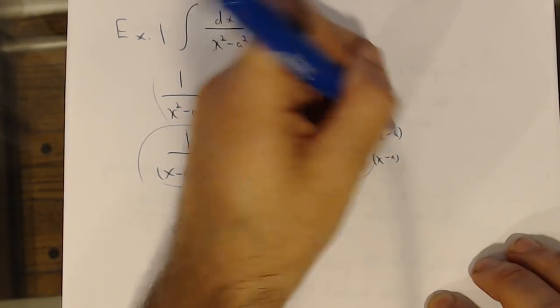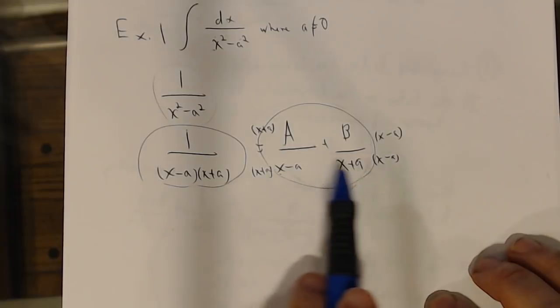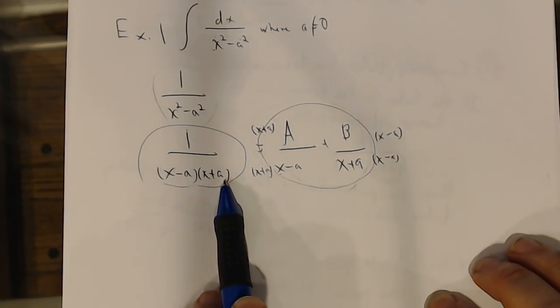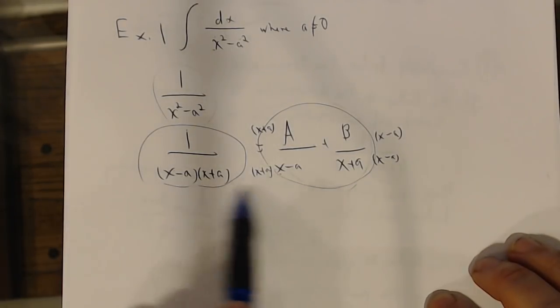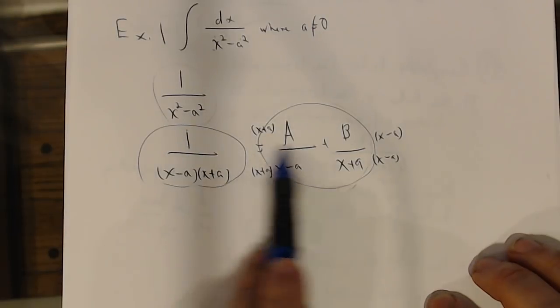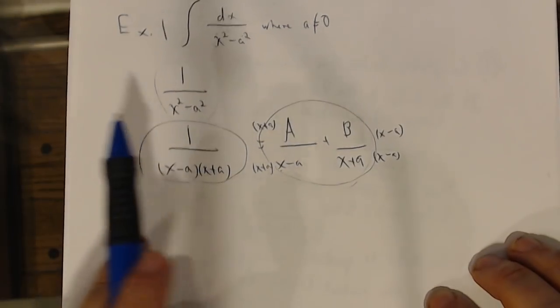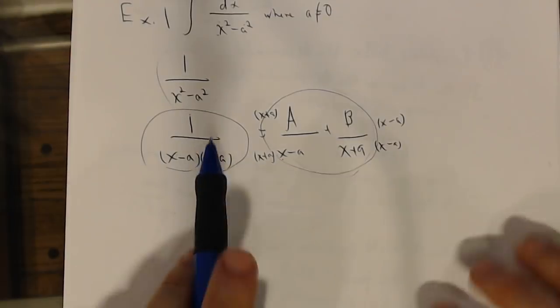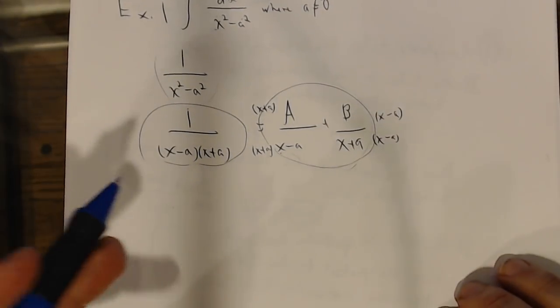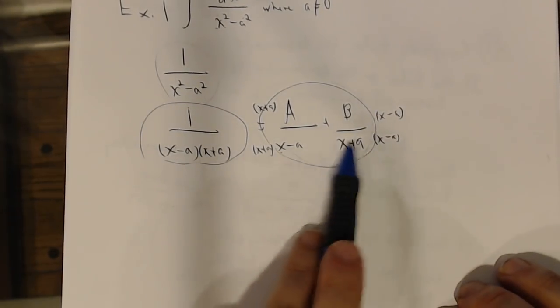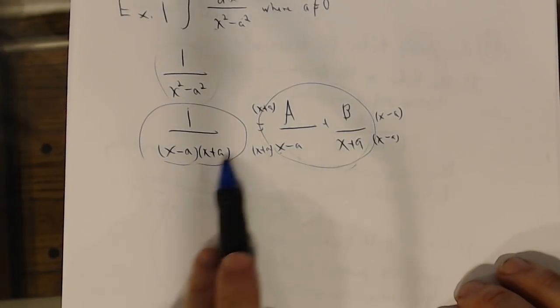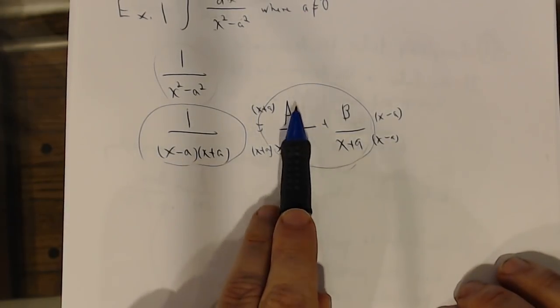Once I do that, my denominators already match the left side. It's not that they canceled out. I'm just saying the denominator already matches, so I just need to work with the numerator.